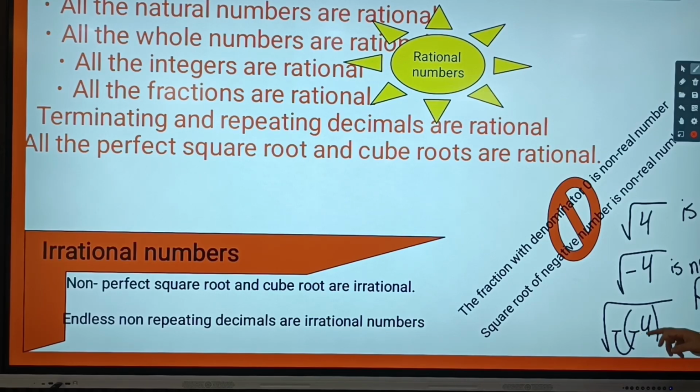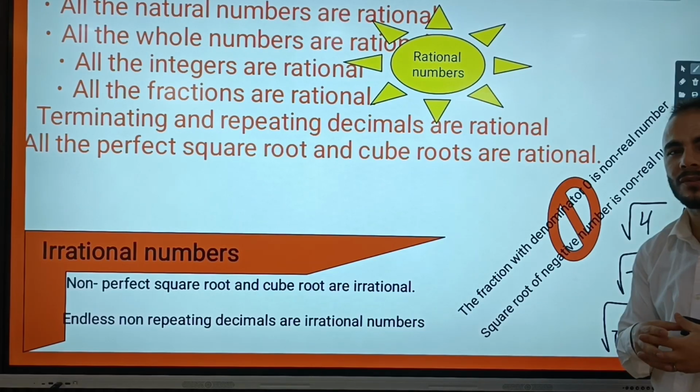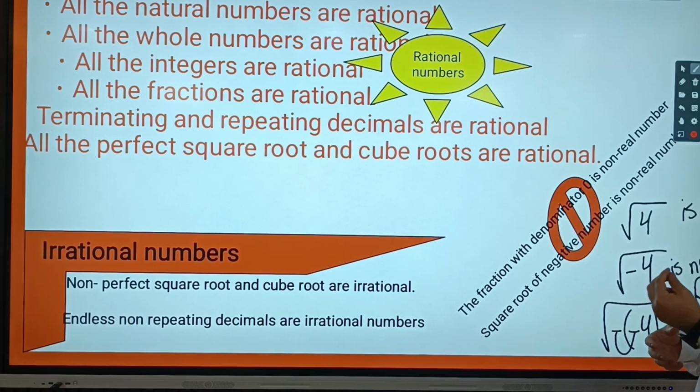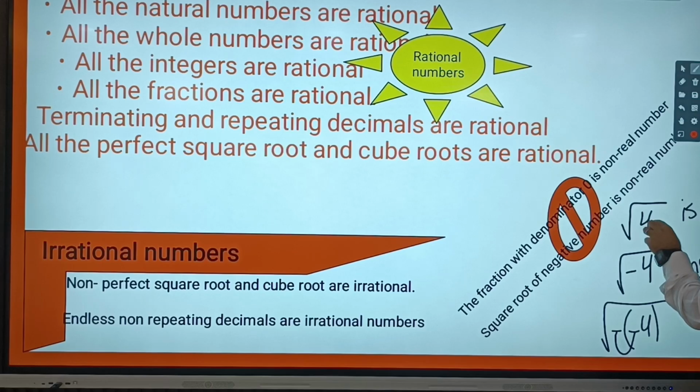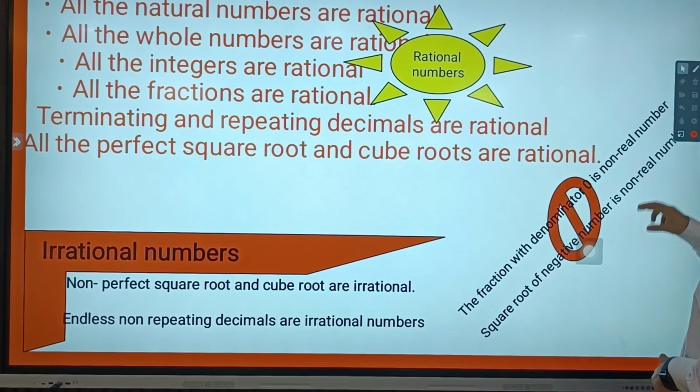Negative times negative is going to become positive, square root of 4. So be careful, if there are two negatives first, you need to multiply these signs to get rid of them and make it as a 1, then decide. If the final result was with negative, it's not real. But if the final result was with positive, it's going to be real. I hope that it is clear, guys.